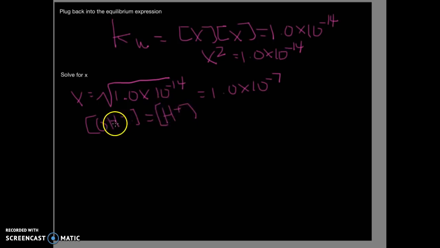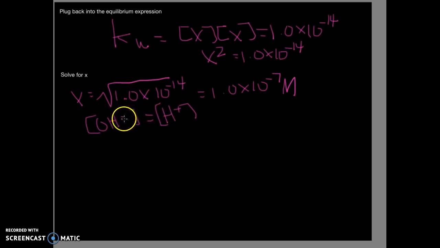You should note that in pure water, you should have identical amounts of hydrogen ion and hydroxide ion, and they are both 1.0 times 10 to the negative 7th molar. So I just solved for the hydroxide ion concentration and the hydrogen ion concentration, also known as H3O+. Remember, I'm using those interchangeably. Okay, that is their molarity, and they're the same molarity. That is why water is neutral. Whenever you have neutral water, the hydrogen ion concentration and hydroxide ion concentration are identical.